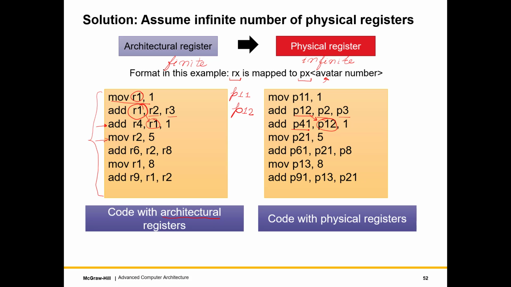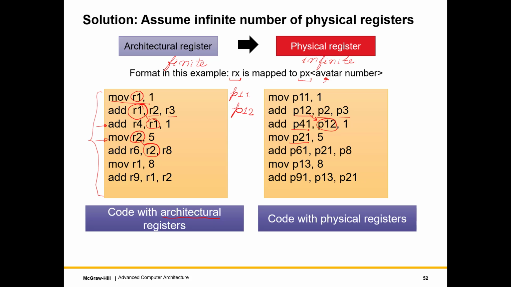Now coming to the next instruction, we are writing to R2. This is the first avatar of R2, so we move 5 to P21, right? The pattern should be clear by now. Furthermore, after a set, we have a use.